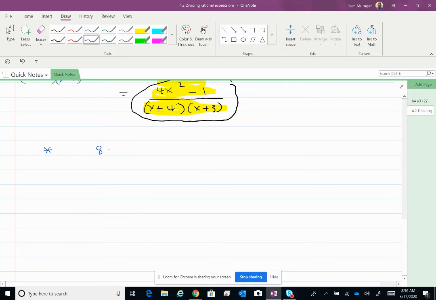This is 8x cubed minus 343 over 125x cubed minus 216, divided by 4x squared minus 49 over 25x squared plus 30x plus 36.